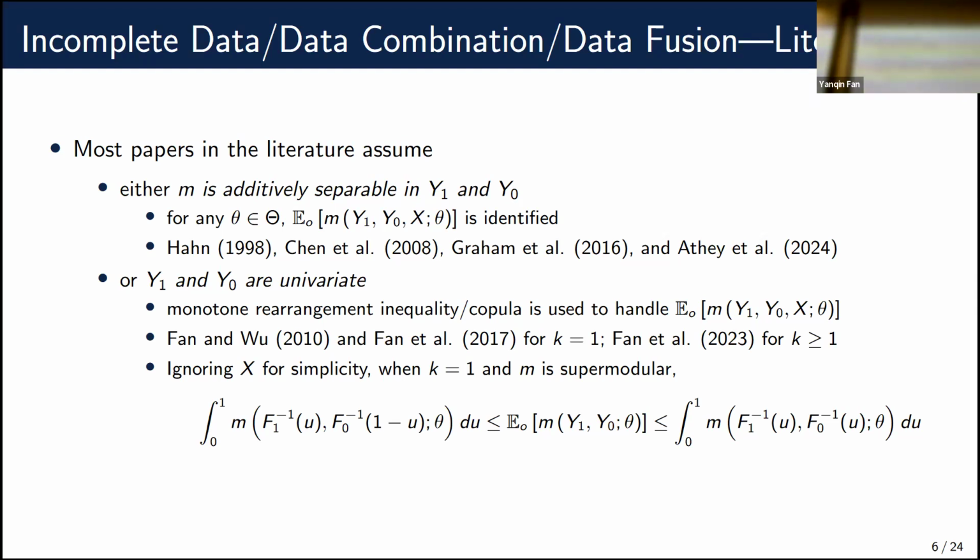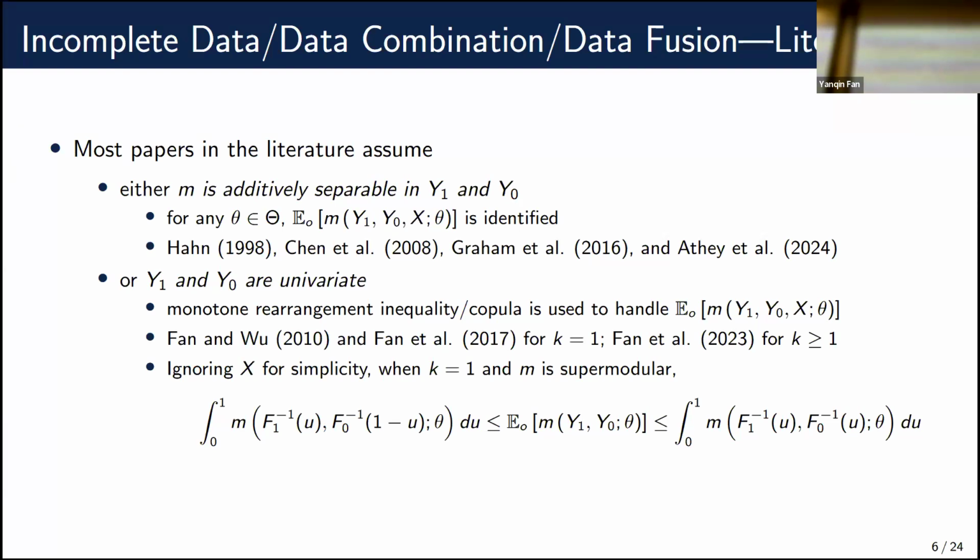If y1 and y0 are univariate, then remember we can use a copula to couple the marginal distributions and get a joint distribution. That's one technique used in my paper with my colleague Jing Tao and my co-author Xuetao Shi in the Journal of Econometrics. We use a copula to couple the two marginals, then let the copula vary in a pre-specified class, and then study the identified set of the parameter theta star.